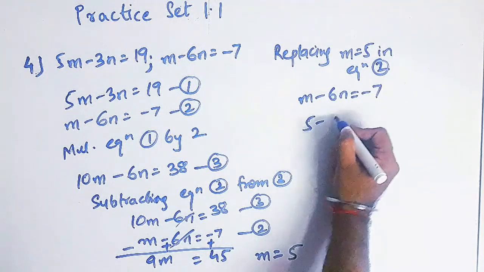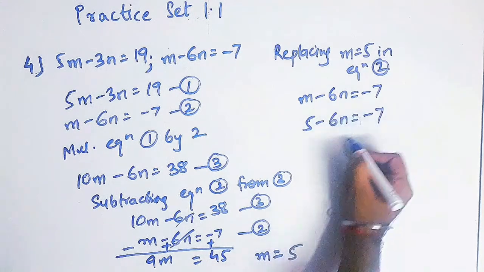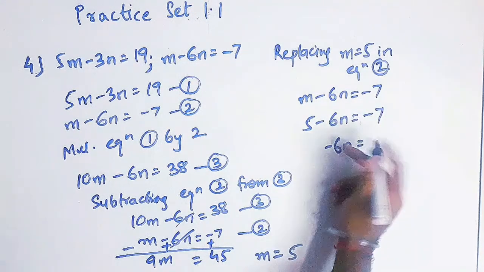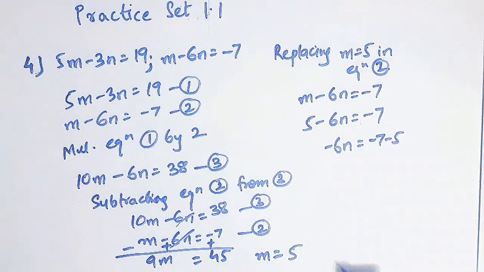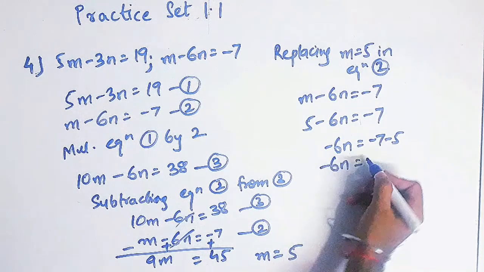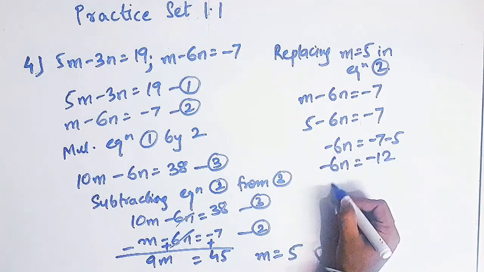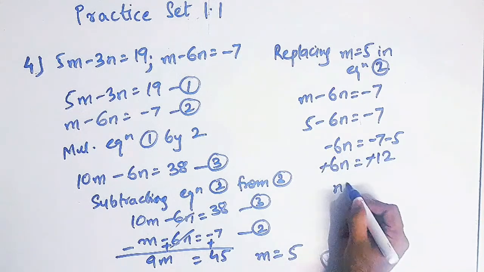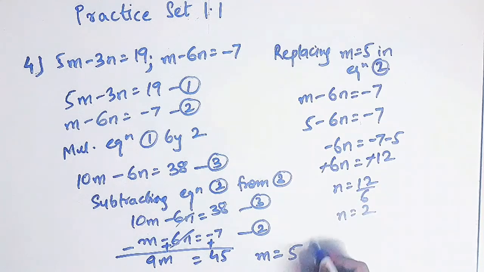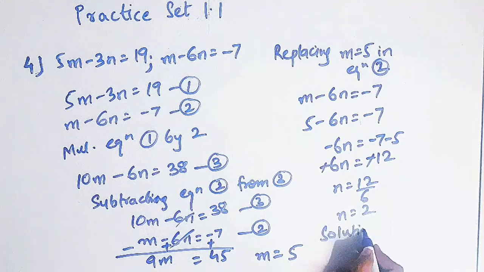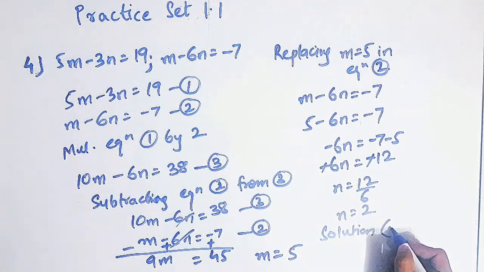So 5 minus 6n equals minus 7. 5 will move there, it will become minus 5. Okay, minus 6n equals minus 12. Minus minus gets cancelled. n equals 2. Okay, so therefore you got the solution as m comma n.